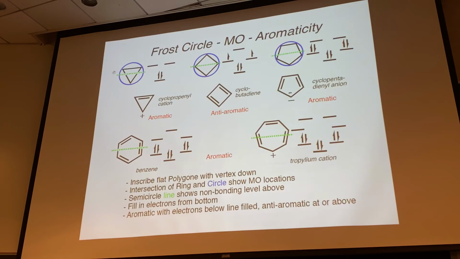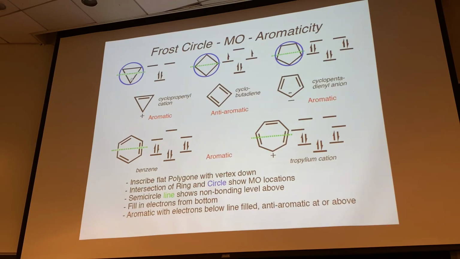And you see the halfway point, and these 2 unfilled orbitals are near the difference between the HOMO and the LUMO. And what this says in Frost circle analysis, if the empty orbitals are near this halfway point and they're empty, it will be anti-aromatic. I'm sorry. That's right here for this one.